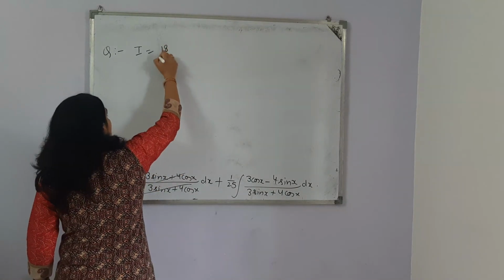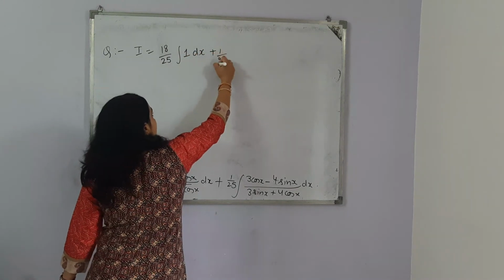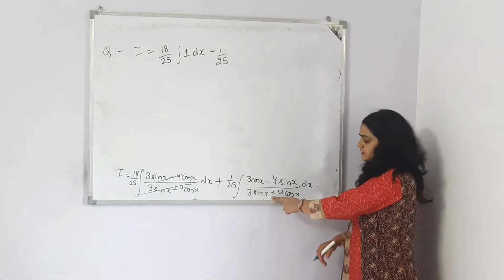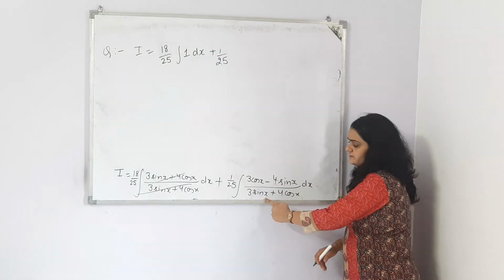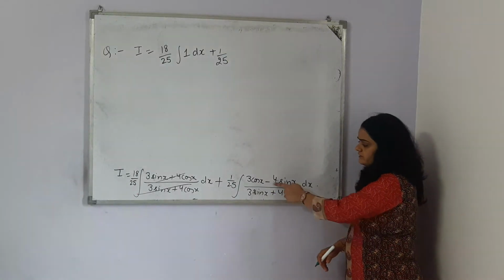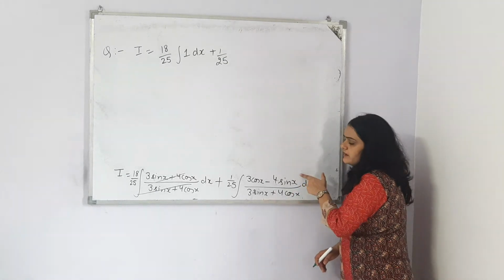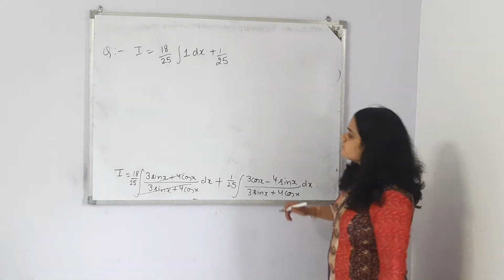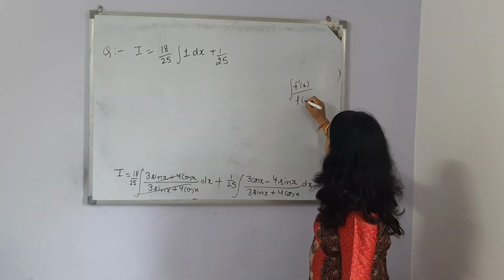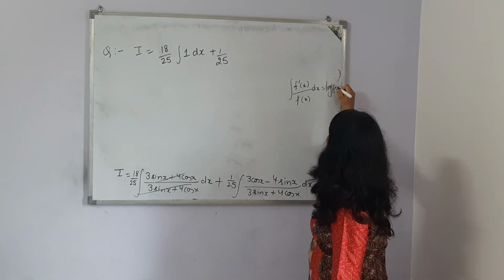So the first integration gives 18 by 25 times the integral of 1 dx, plus 1 by 25 times the second integral. Here the function is in the denominator: 3 sin x has derivative 3 cos x, and 4 cos x has derivative minus 4 sin x. So in the denominator the function is there, and in the numerator its derivative is there. So we can apply the formula: derivative of the function upon the function is log of f(x) plus c.